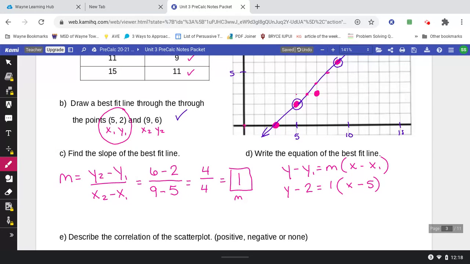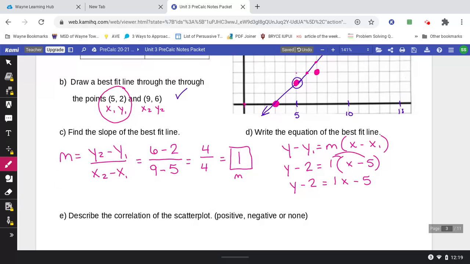We want to make sure we turn that into slope-intercept form, so I'll distribute. And then add 2 to both sides to get the y by itself. I'm going to leave off the 1x and just write it as x minus 3. And there's my equation of the line.